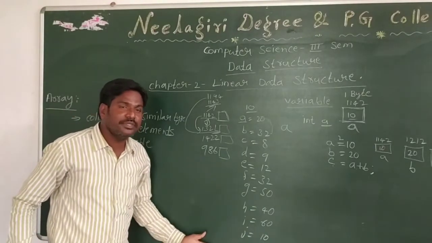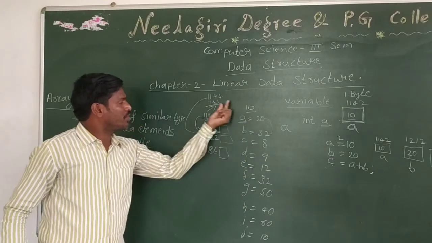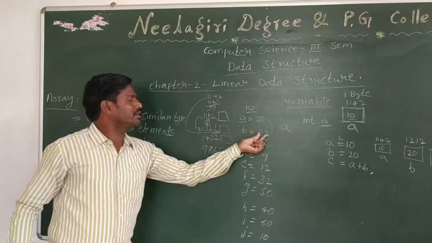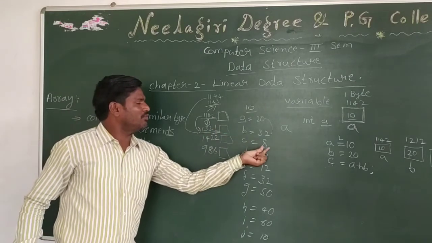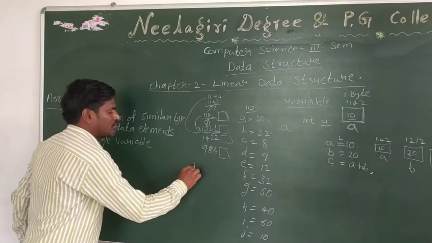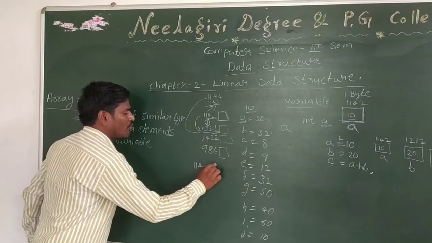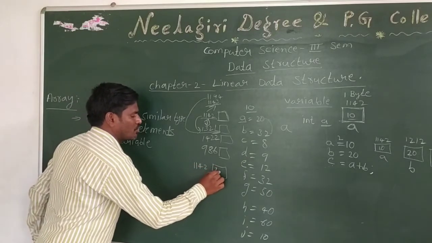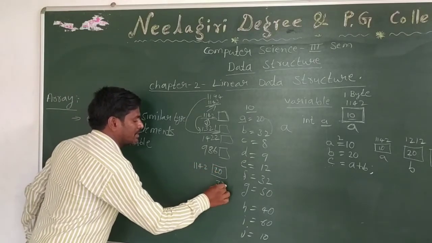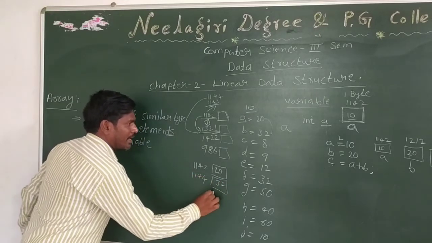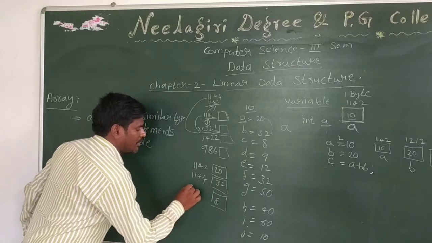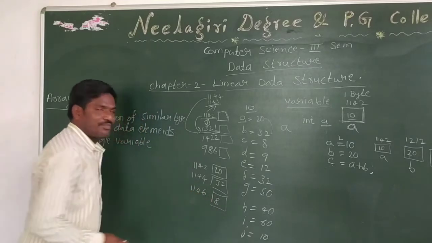Continuous memory location means if the first value is stored at 1142, automatically the second value will be stored at 1144. The first memory location 1142 stores 20, automatically 32 will be stored at 1144, and the next 8 will be stored at 1146.